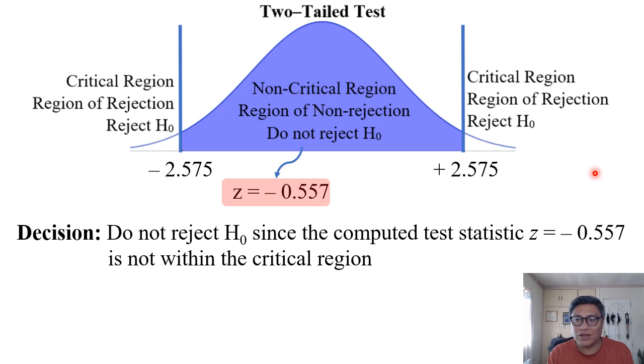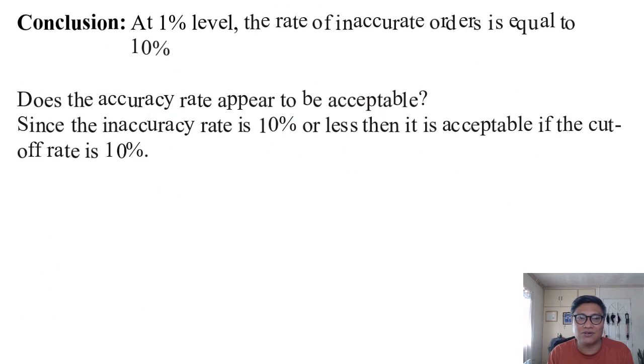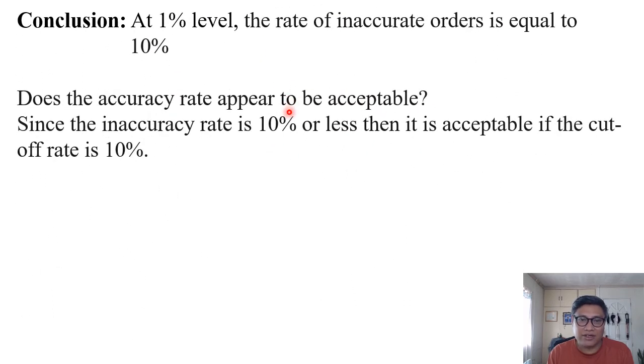So what would be our conclusion? The conclusion, class, will be the statement in the null hypothesis. So at the 1% level, the rate of inaccurate orders is really equal to 10%. So it's not beyond 10%, class. Because there is another question: does the accuracy rate appear to be acceptable?